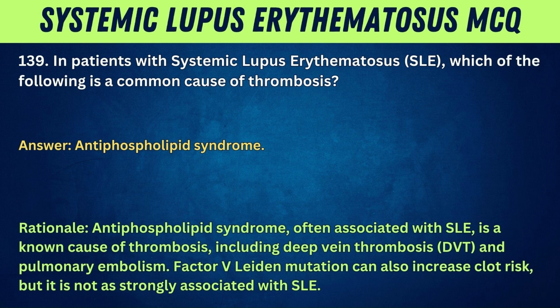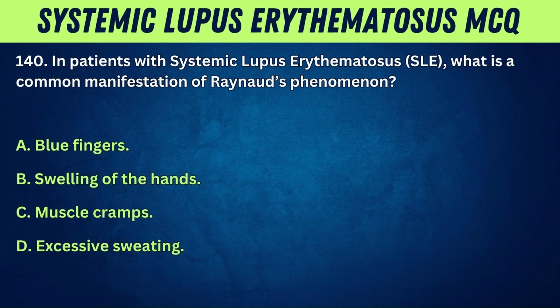Rationale: antiphospholipid syndrome, often associated with SLE, is a known cause of thrombosis, including deep vein thrombosis, DVT, and pulmonary embolism. Factor V Leiden mutation can also increase clot risk, but it is not as strongly associated with SLE.